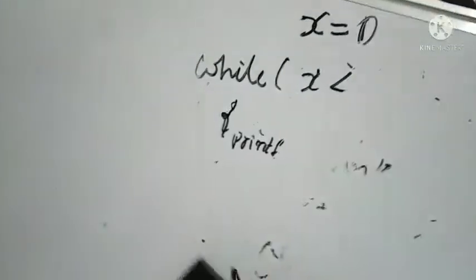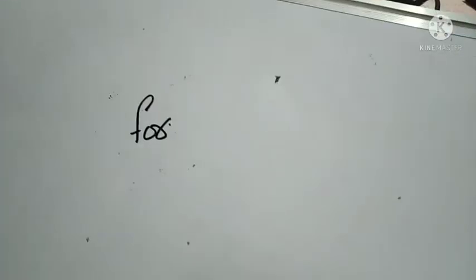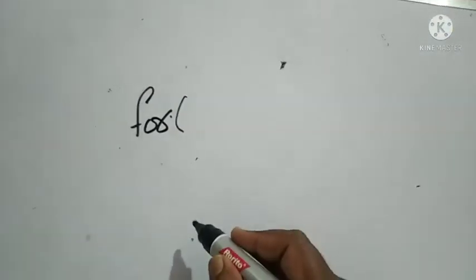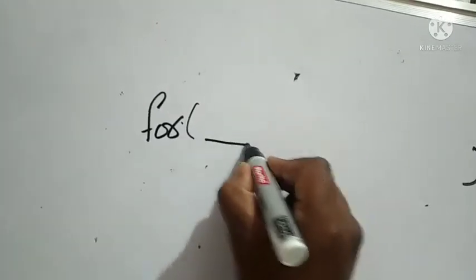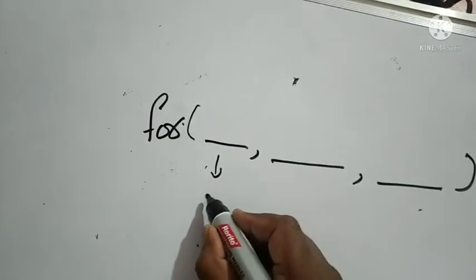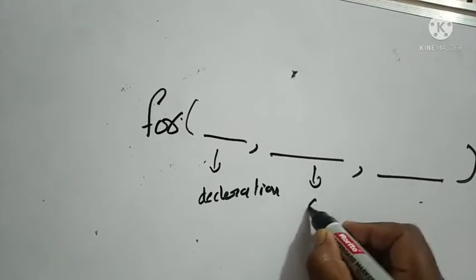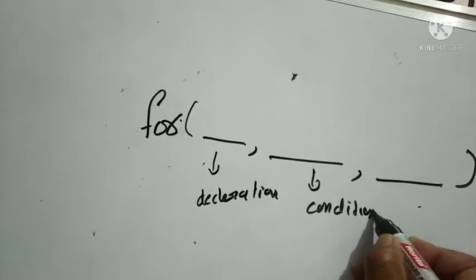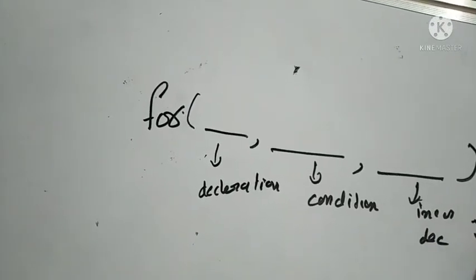Now we'll go for another very important loop instruction, that is the for instruction. In the for instruction we have three fields: one is declaration, then condition, then increment or decrement, or any expression.